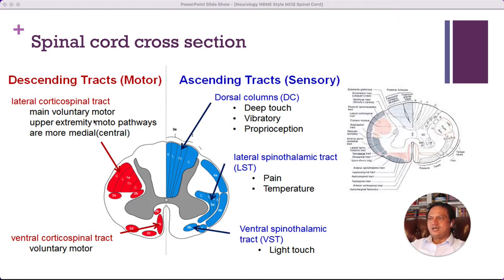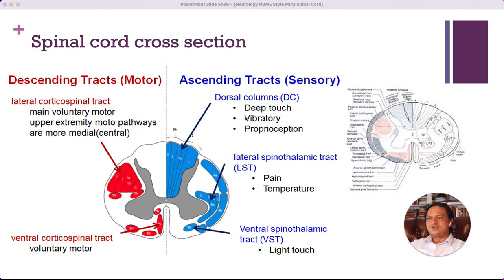So this is the upper motor information coming down. And then there is also the ventral corticospinal tract, which also brings voluntary motor information. There are slight differences in which areas send information in the ventral corticospinal tract, but for practical purposes, you can forget the ventral corticospinal tract and focus on the lateral corticospinal tract, which contains most of the information for upper and lower limb and trunk motor control.